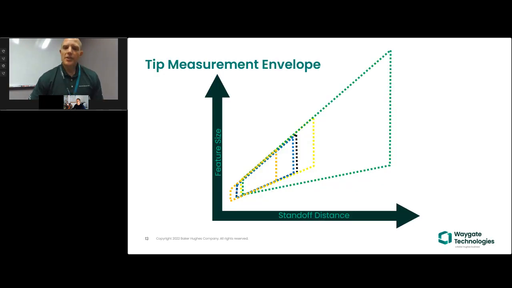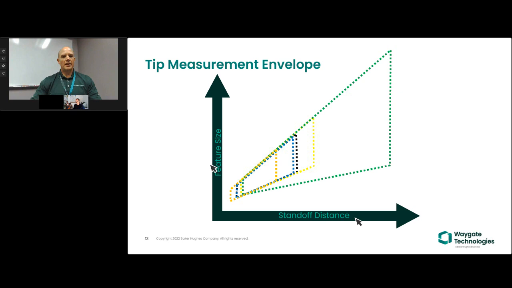Another interesting way to look at the capabilities of these tips is through what we might call a measurement envelope. Here we're showing the capability of the tip in terms of standoff distance along the horizontal axis and feature size along the vertical axis.